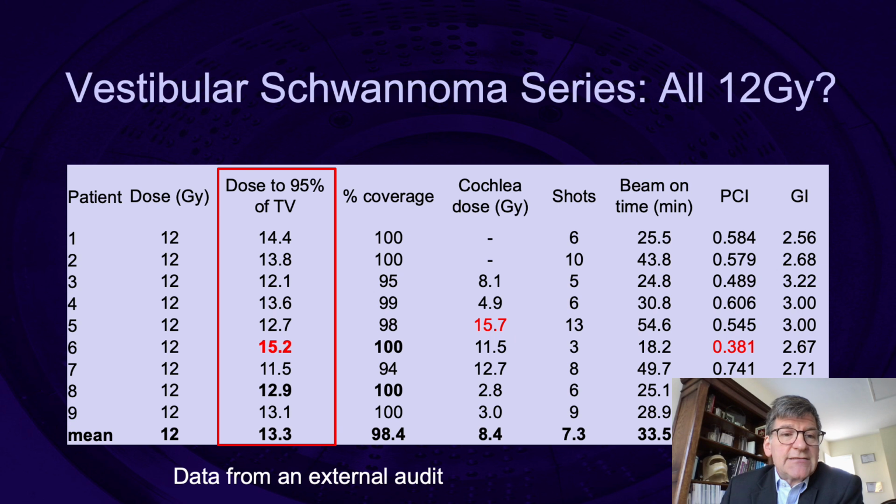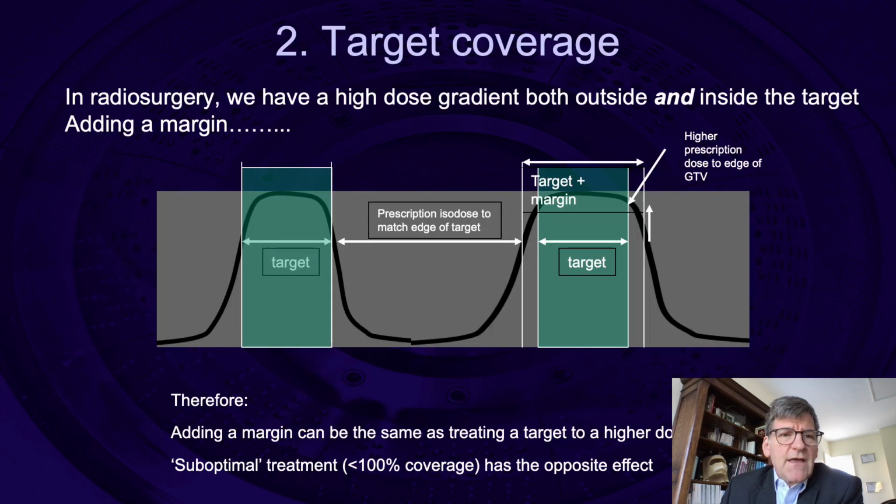So this is inconsistency just because the percentage coverage hasn't been clearly defined. And of course, when we're treating with SRS, we have a very high dose gradient that's both outside and inside the target. So adding a margin will effectively treat the target to a higher dose.